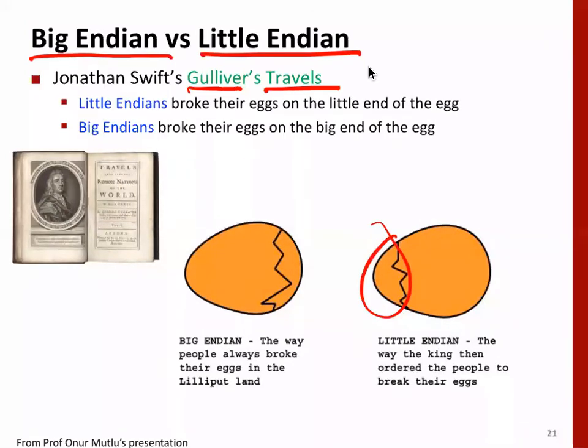The big endian people broke the egg from the big end of the egg. Which is better? Anyone? There was already enough war on this topic in Gulliver's. So there is nothing; both are the same, it doesn't matter where you break it from.